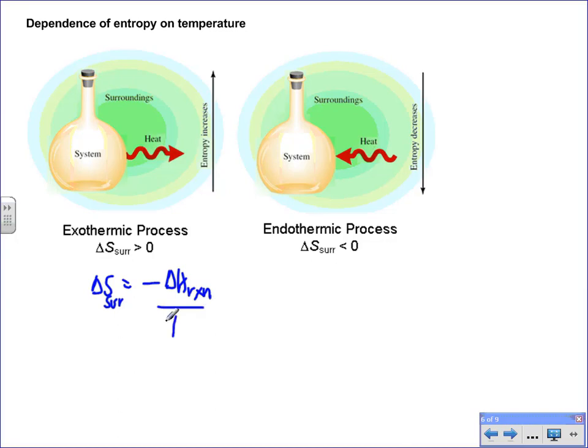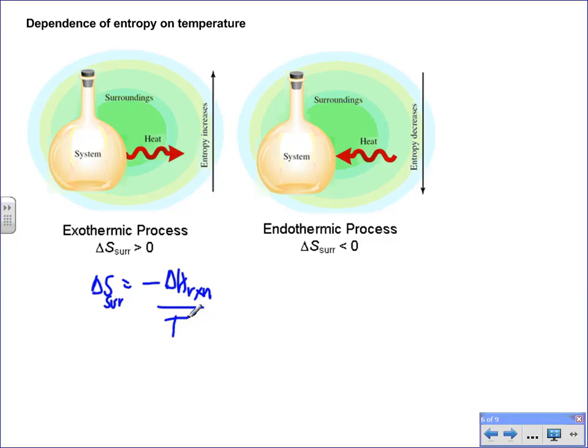So what this amounts to, because there's an inverse relationship, is that the change in entropy of the surroundings is equal to the change in enthalpy over the temperature. This also makes sense because, as you know from looking at the values in the table, entropy is reported in joules per Kelvin or calorie per Kelvin.